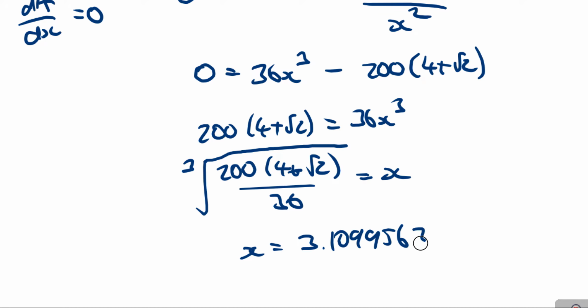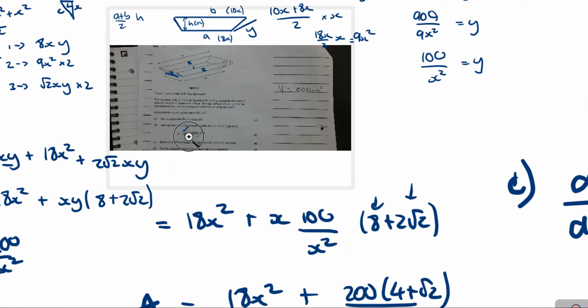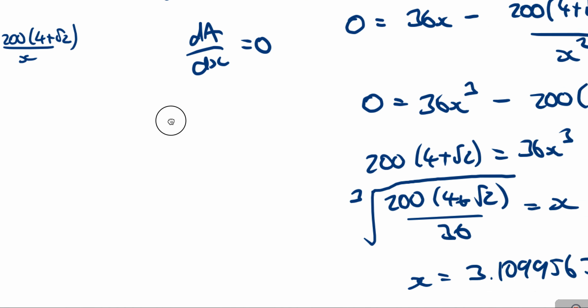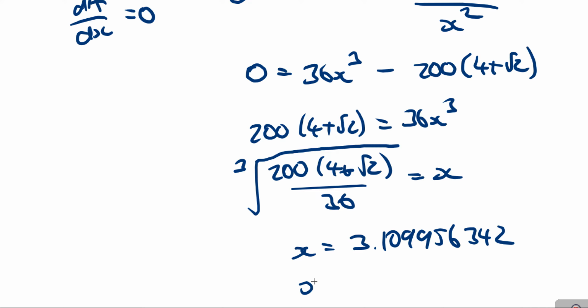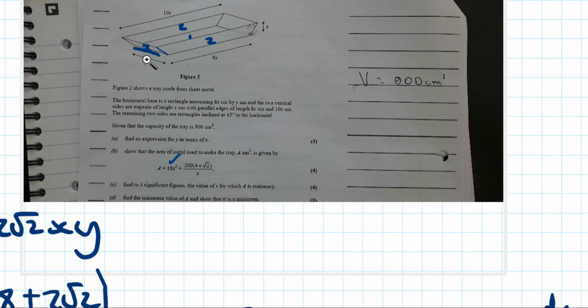The reason I'm writing long answers is because I need to check how many significant figures we've got. He wants 3 significant figures, so x is equal to 3.1, and the third significant figure, the 9, rounds it up, so it's going to be 3.11. I think it's centimetres, I haven't actually checked the units, and it is centimetres, so that's the value of x for which A is stationary.